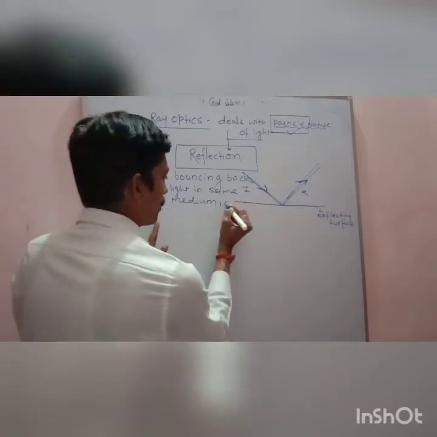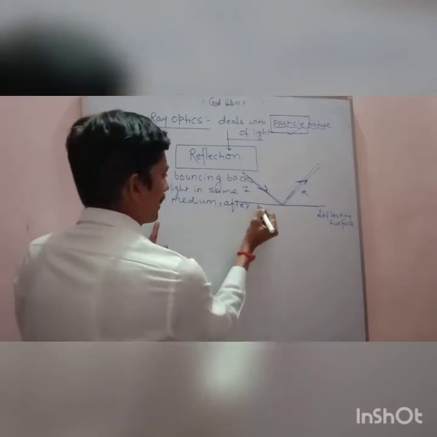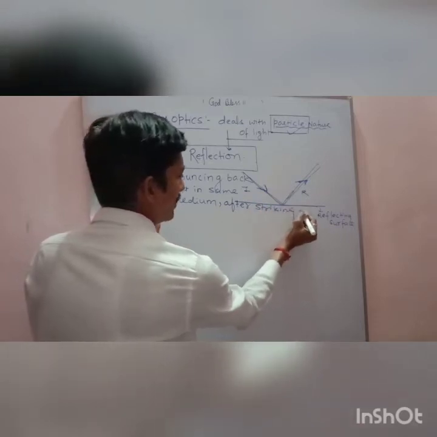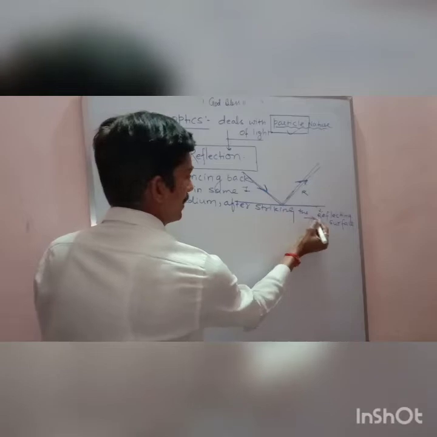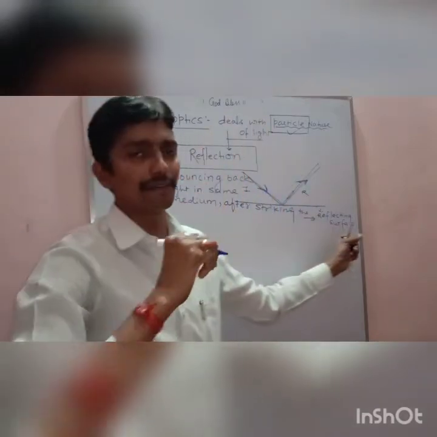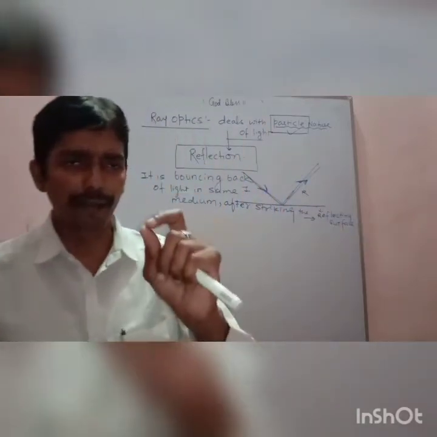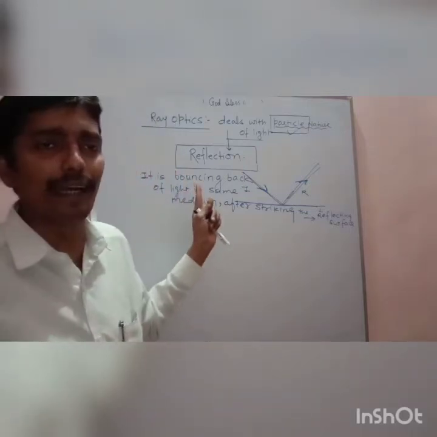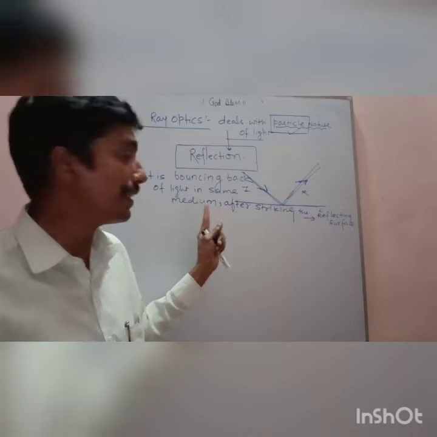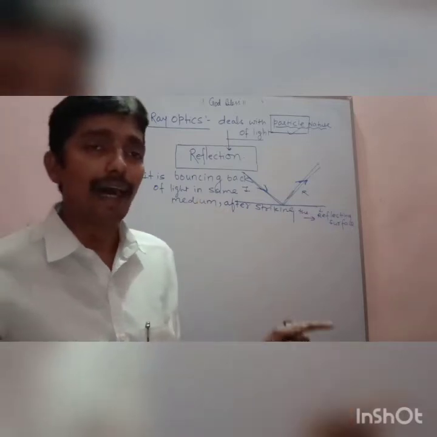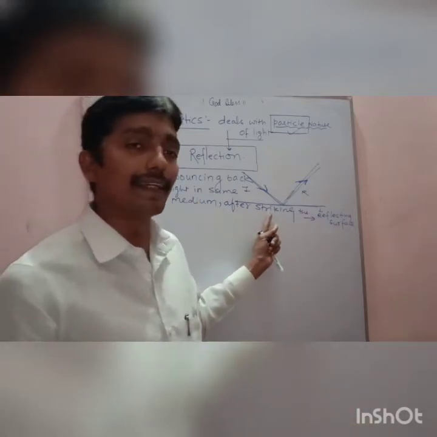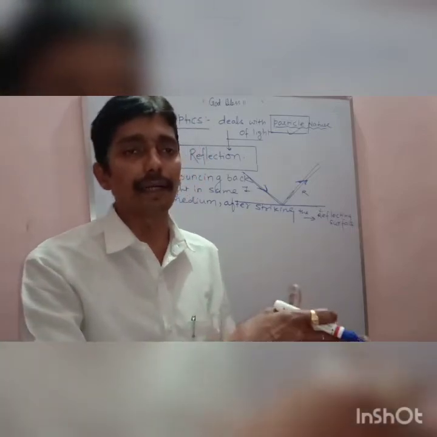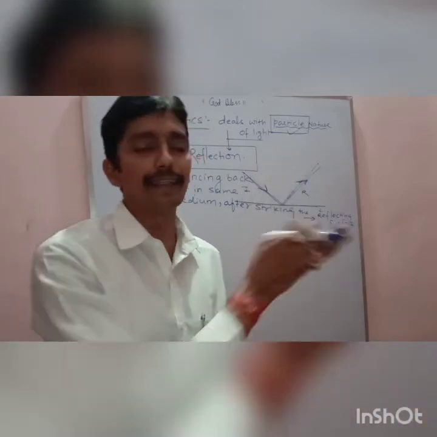You can add more words, after striking the reflecting surface. This is a short and pure definition of reflection: the bouncing back of light in the same medium after striking the reflecting surface.